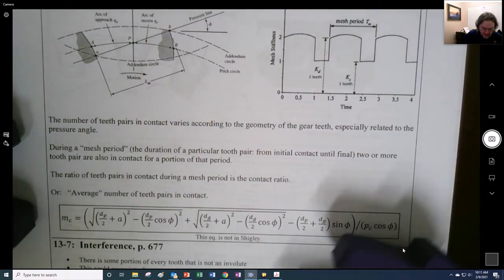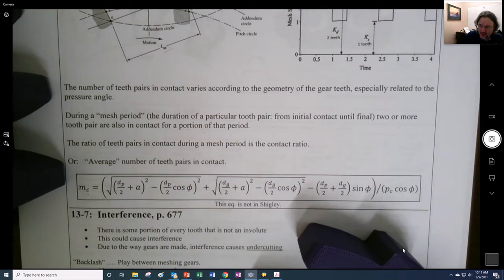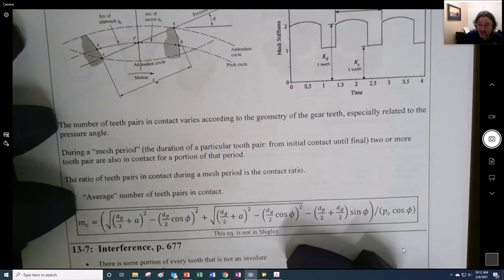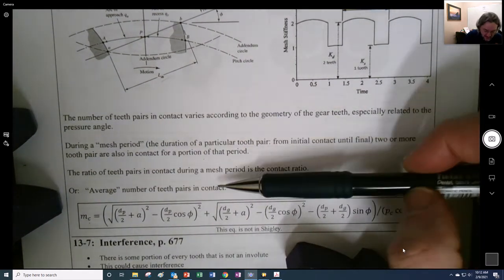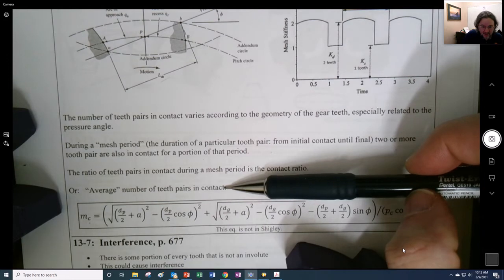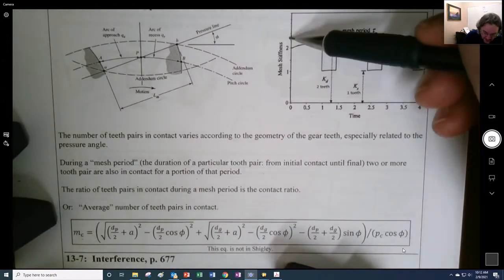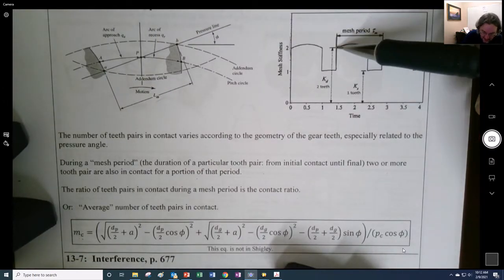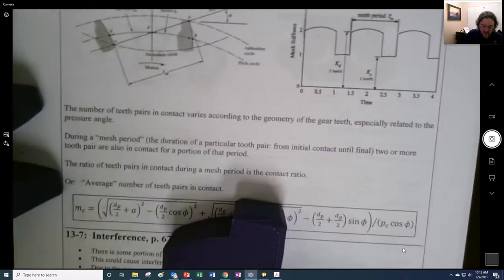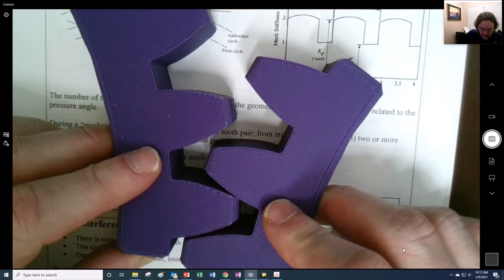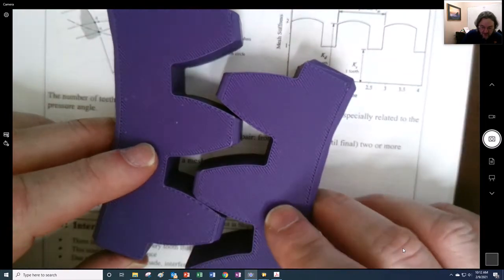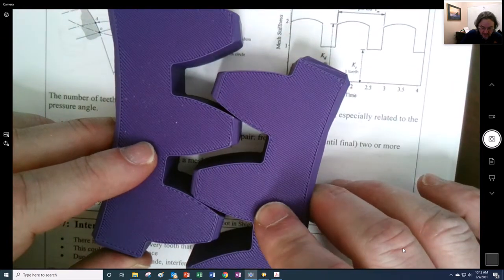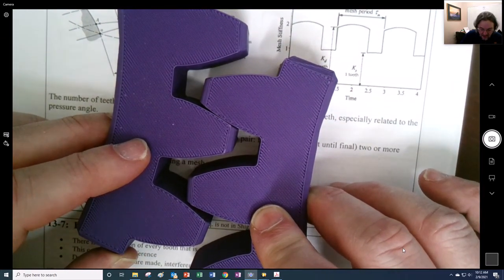You'll see that a contact ratio probably doesn't want to go below about 1.5 or 1.6, I believe, which is kind of the typical range. You can think of it as the average number of teeth in contact, but it's not exactly that. You can think of this as a mesh period, a periodic thing. From here to here is one period of engagement. The period starts right there because there are 2 pairs engaged, and it lasts for some time, and then it goes away.